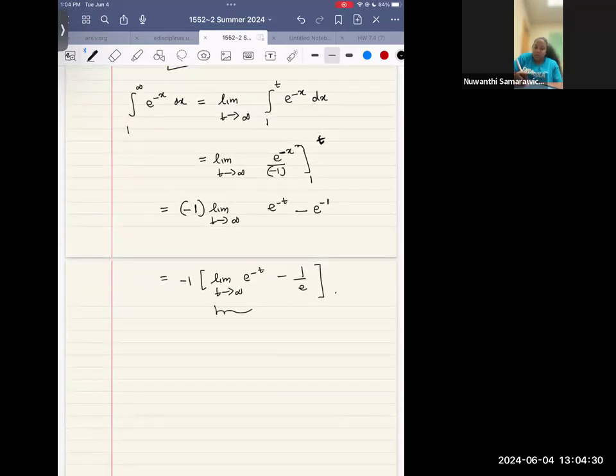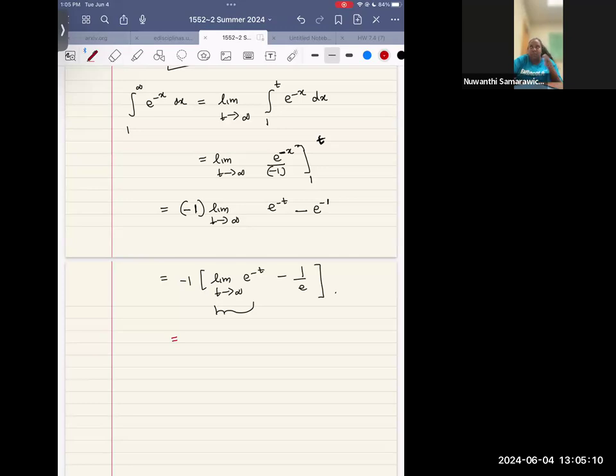This one is equal to what? The limit of the negative exponential. What is the value of this?